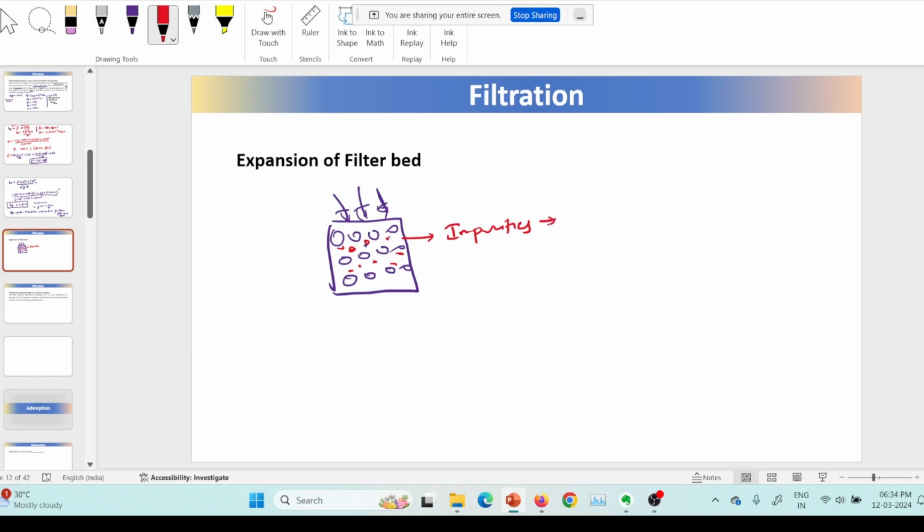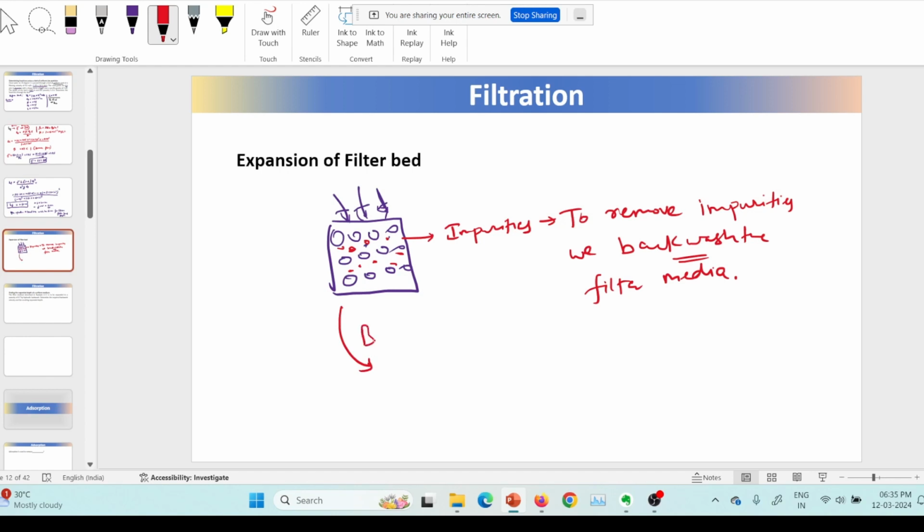To remove the impurities, we backwash the filter media. During backwash, what will happen? The media will expand.